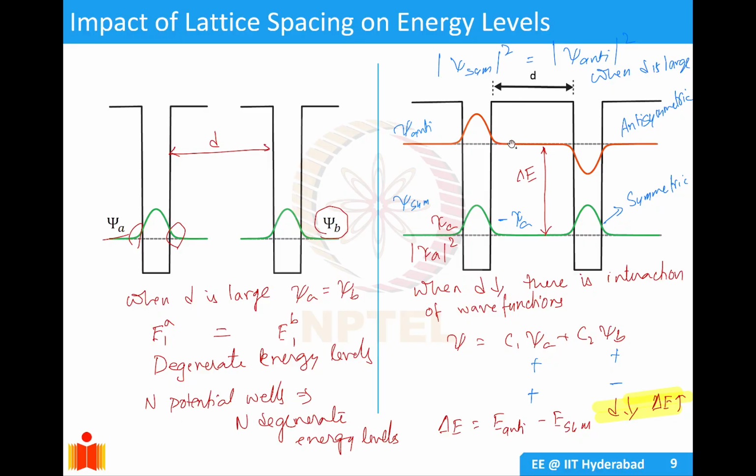The symmetric wave function is symmetric around zero, and the anti-symmetric wave function is opposite in positive and negative. So for the symmetric wave function, psi of x equals psi of minus x, and for the anti-symmetric wave function, psi of x equals minus psi of minus x.